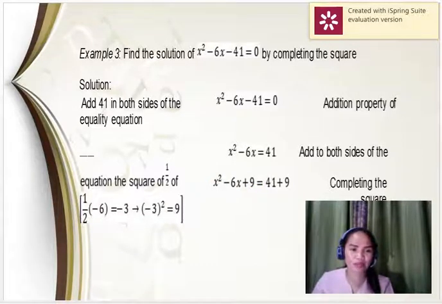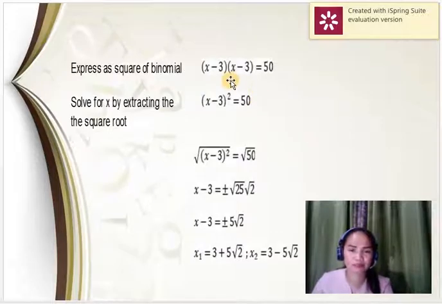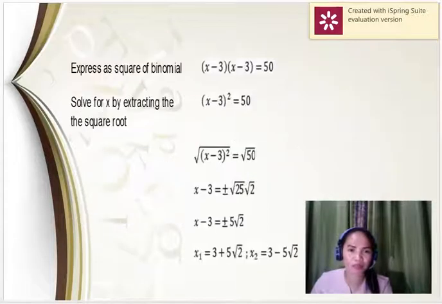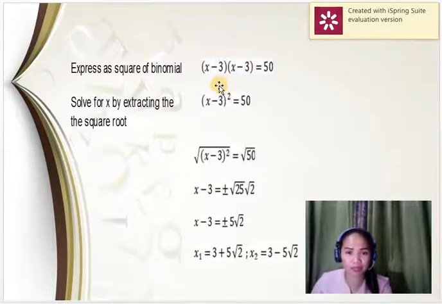Okay, so we have our next step. Since we made our equation a perfect square trinomial, the factors are x minus 3 and x minus 3 is equal to 50, expressed as the square of a binomial.